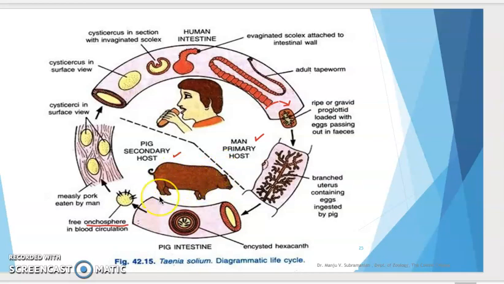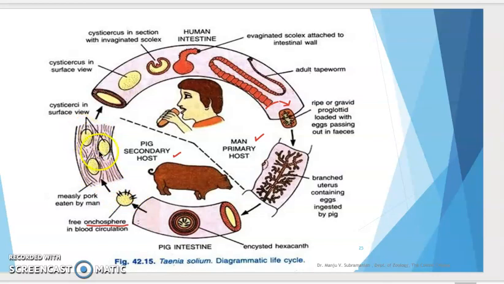In the voluntary muscles of the pig, the hexacanth embryo loses the hooks. In this diagram, it's a portion of a muscle in which you can see the hexacanth embryo, and now it is not having the hooks, and it is called a cysticercus.